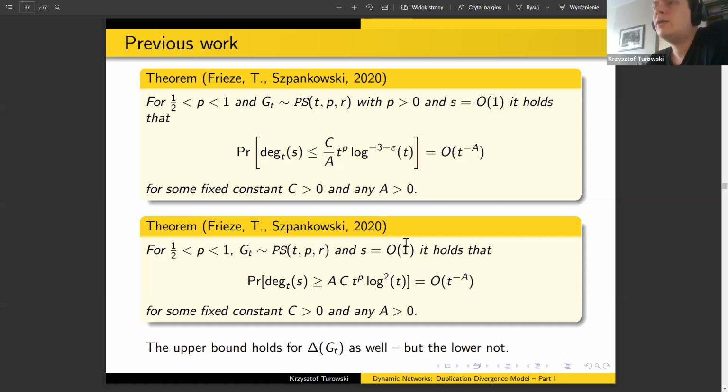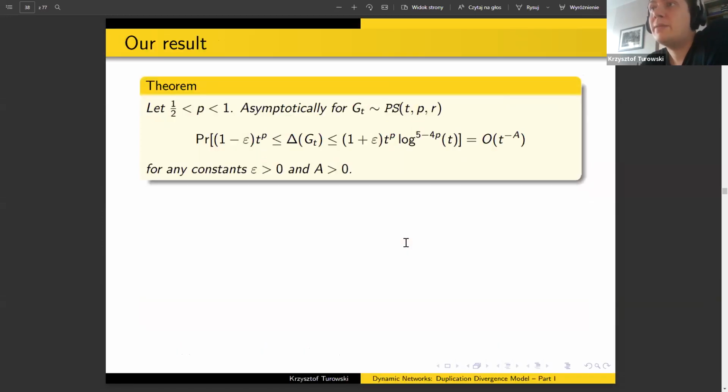And there is a question whether we can prove something like the latter theorem. And in fact, we can. What we did was to strengthen the lower bound for the maximum degree, and we get a slightly weaker, but all in all quite decent, upper bound, because this is also t to the p times some polylog.